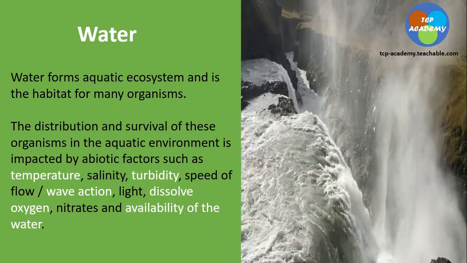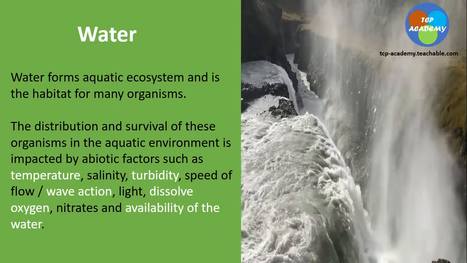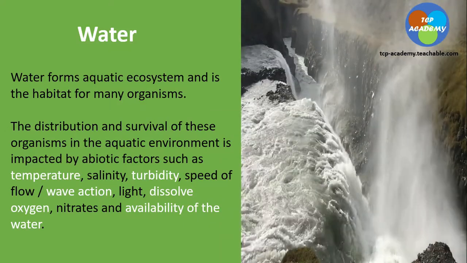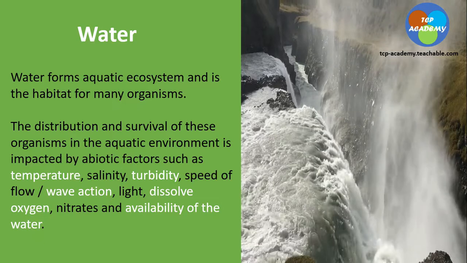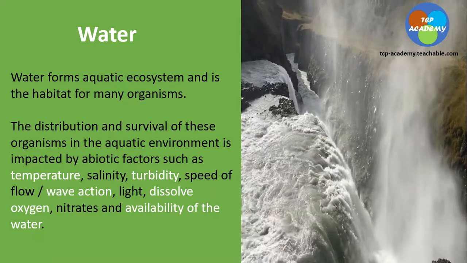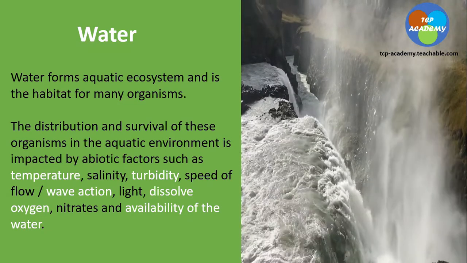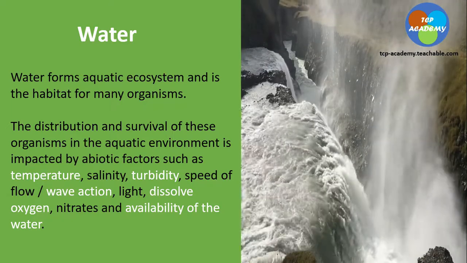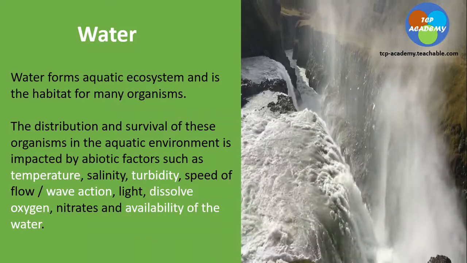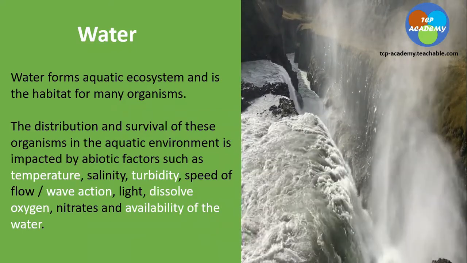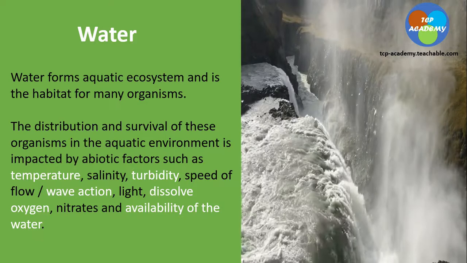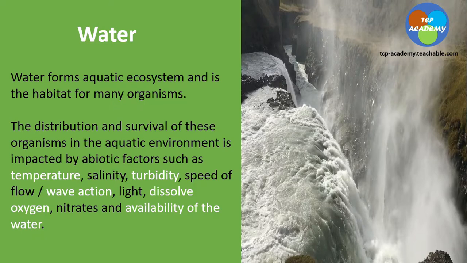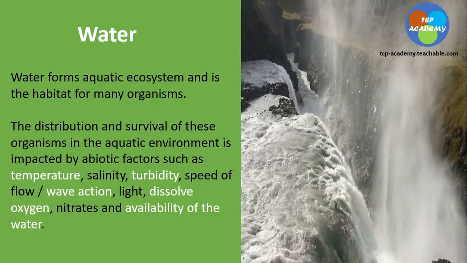The distribution and survival of these organisms in the aquatic environment is impacted by factors such as temperature, salinity of the water, turbidity, speed of flow, wave action, light, dissolved oxygen, nitrates, and of course the availability of water. Turbidity speaks to how murky the water is, how transparent the water column is.